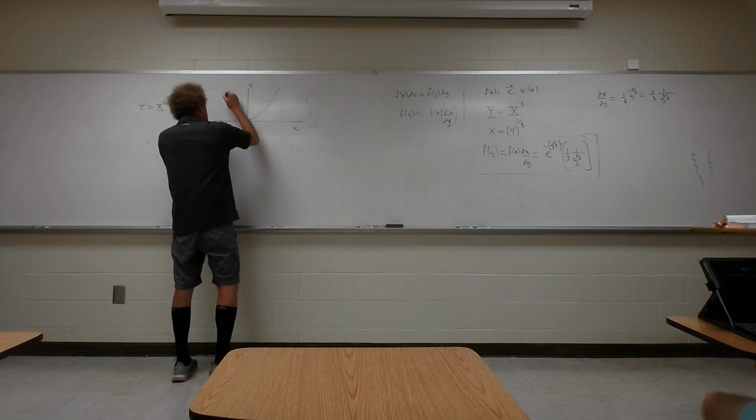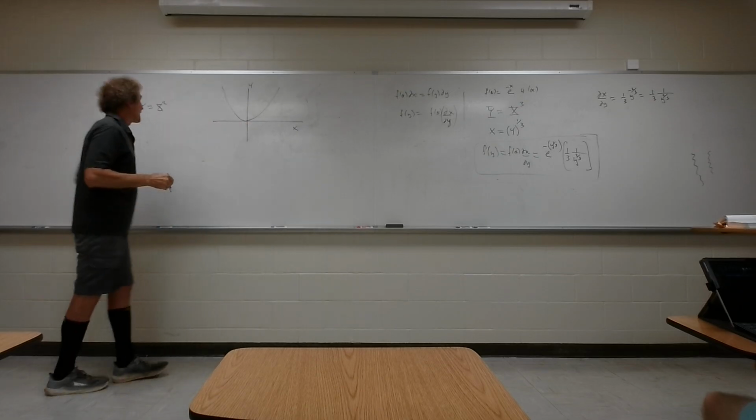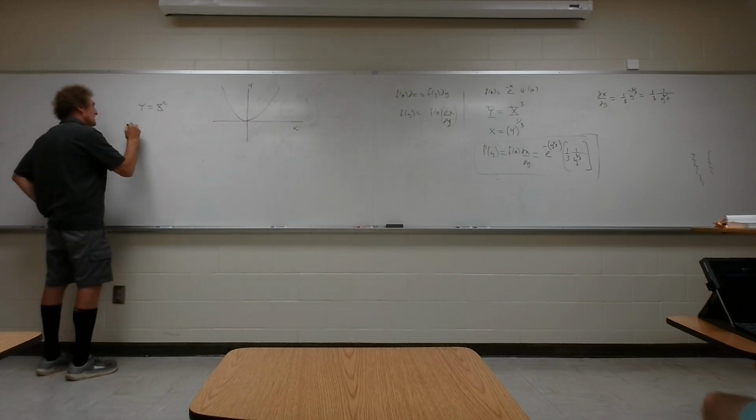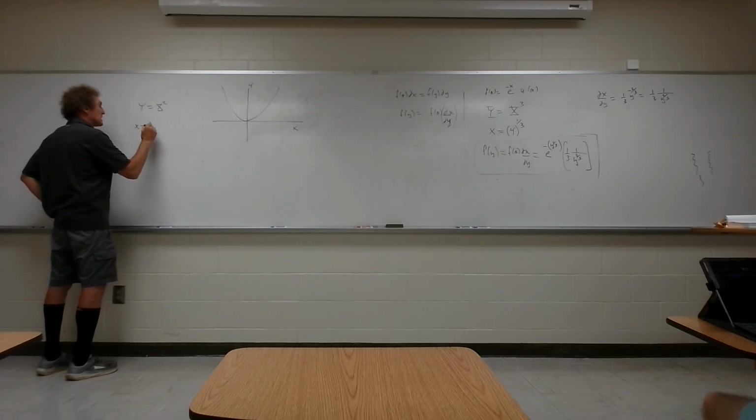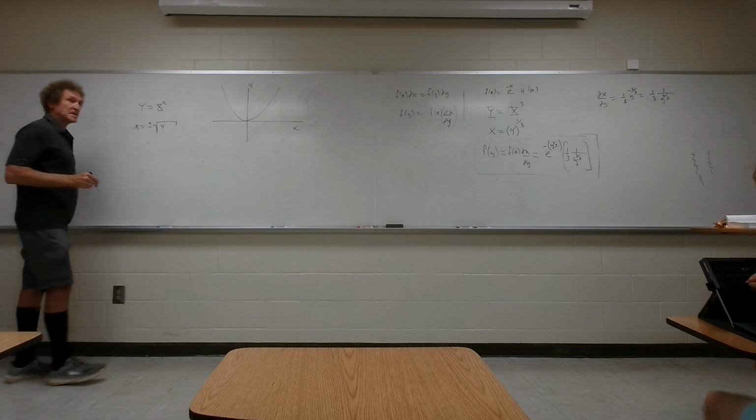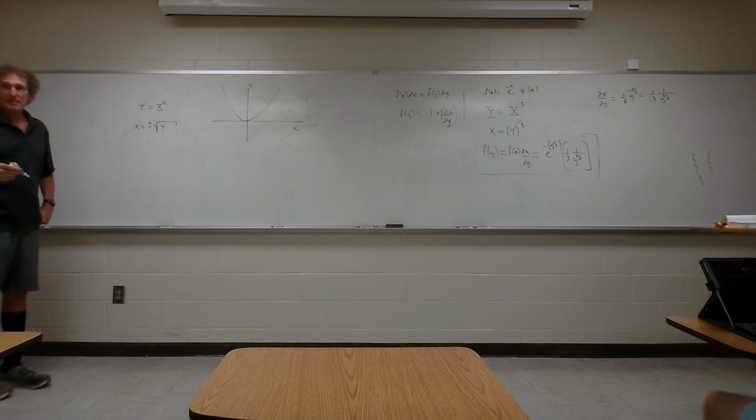That's this function. And x here is going to be equal to plus or minus the square root of y. Y'all follow me in that class? It could be either. Both of them will solve it.